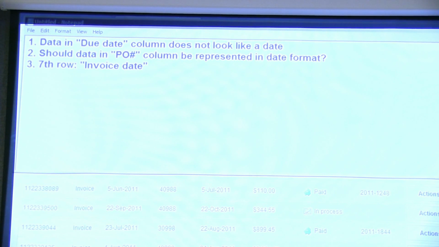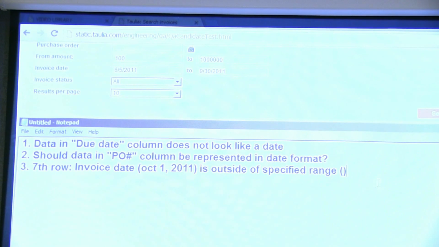Okay. Invoice date. Let's say invoice date. October 1st, yeah? 2011 is outside of a specified range, which is 620.